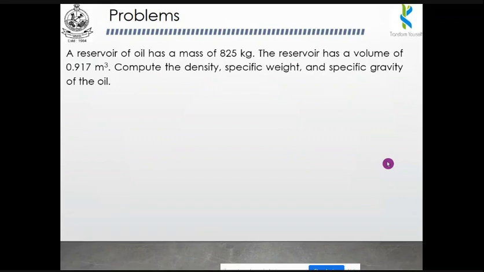Okay, so a reservoir of oil has a mass of 825 kilogram. So the mass is available here. The reservoir has a volume of 0.917 meter cube. So here the volume is available. Compute the density.